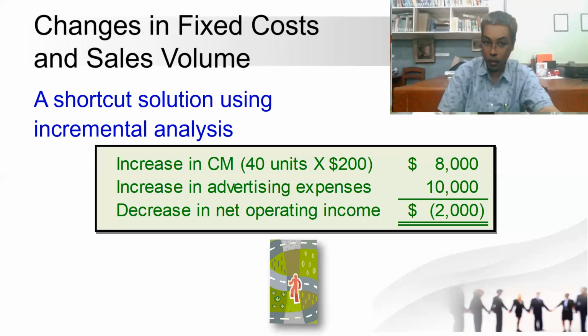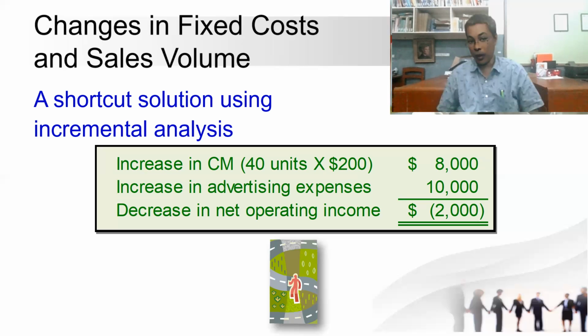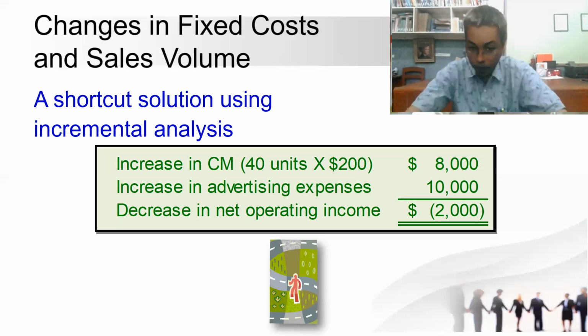Note it is the increase in number of units sold, not the total quantity sold, and subtract the additional expenditure, that is advertising. Our incremental analysis is a shortcut method of analyzing what happened.